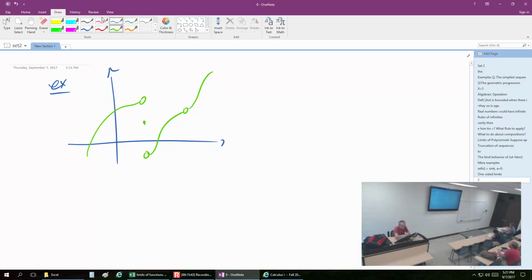And you might be asked to discuss limits just based on this picture, with nothing but the graphs. You might be asked to discuss the limits at every point.